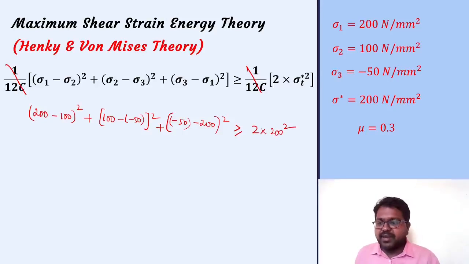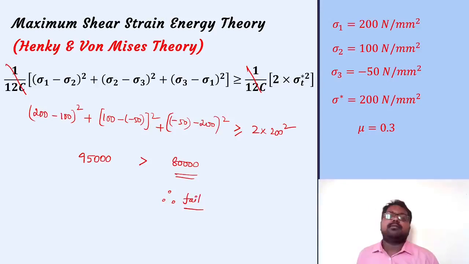If we simplify it, we get the value as 95,000, and here we got 80,000. So 95,000 is greater than 80,000. So according to this condition of maximum shear strain energy theory, the member is going to fail.